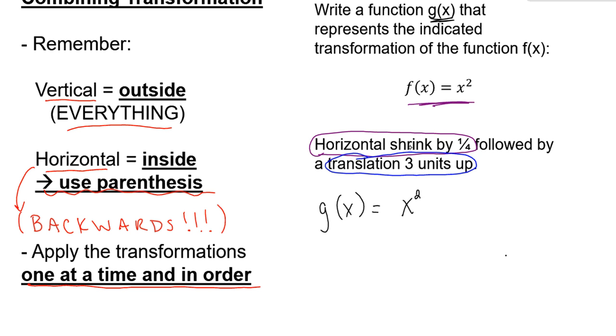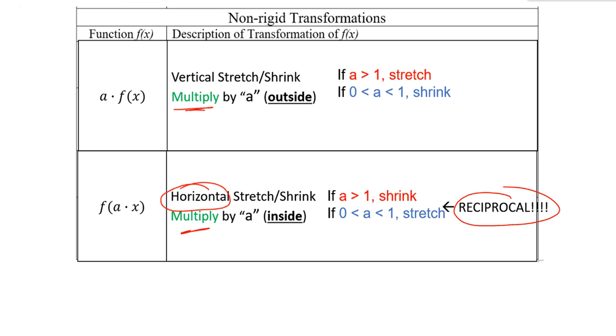So horizontal shrink by 1/4. Let's go back to our cheat sheet here. Horizontal shrink means we have to multiply by a inside. Now remember that a, you're going to have a reciprocal.